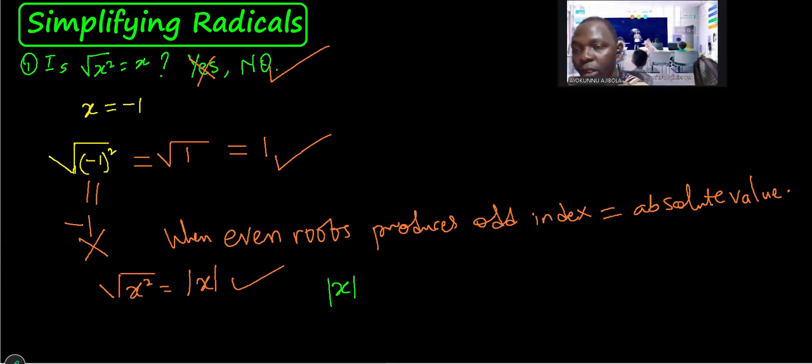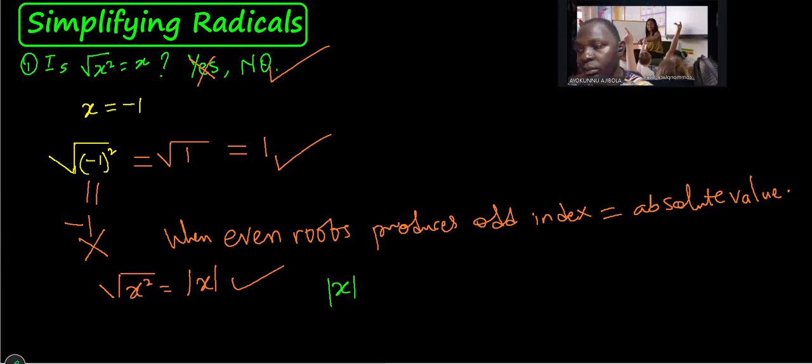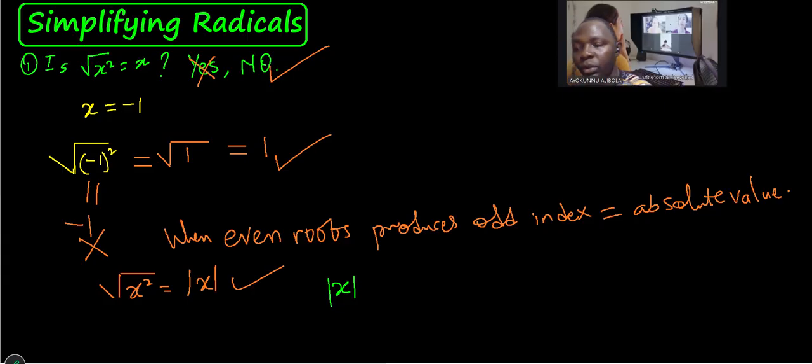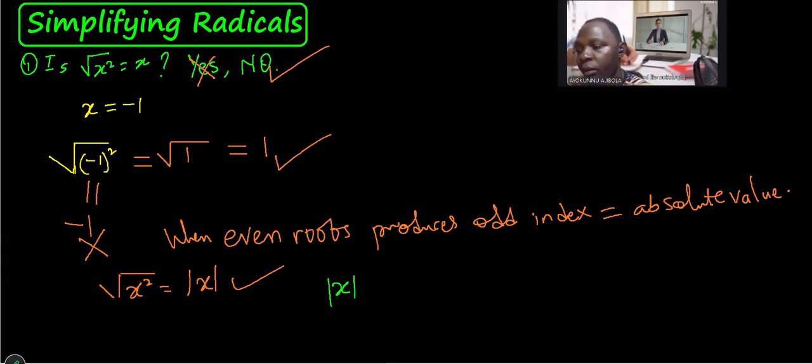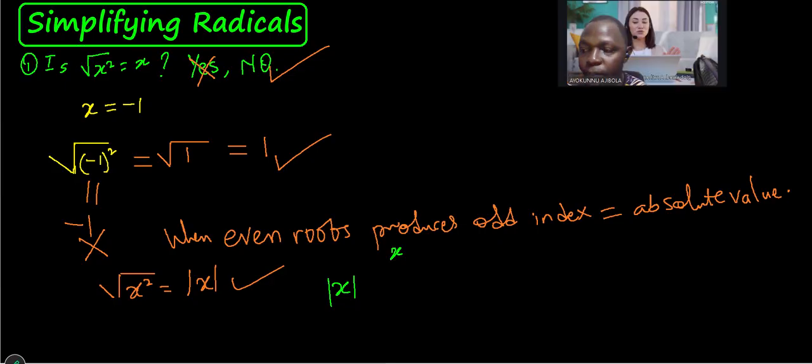So if x is greater than or equal to 0, it's going to be positive when we square it. And if it's less than 0, also it's going to be positive when we square it.